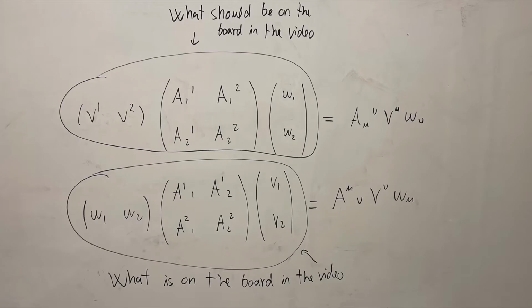I just wrote something slightly inconsistent between the matrix elements that I wrote and the representation of the components of the matrix that I wrote. The matrix elements that I wrote are equivalent to the second line in this screen capture. For the second line, the matrix elements of A would be A super mu sub nu. However, what I wrote as matrix elements is the line above, A sub mu super nu.